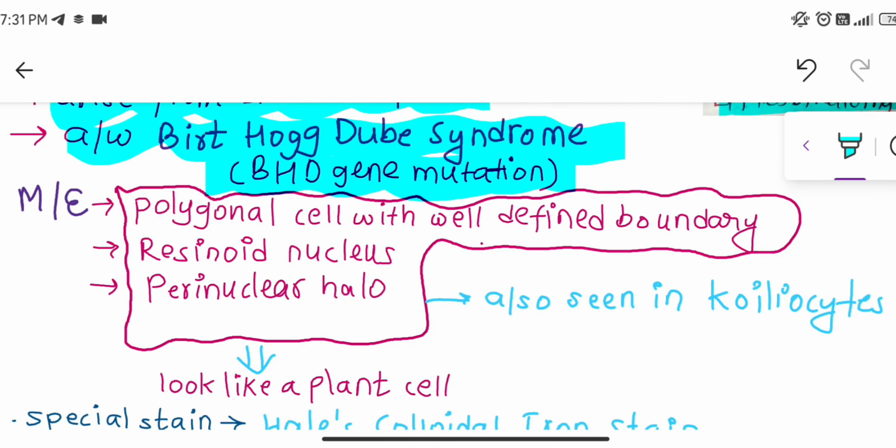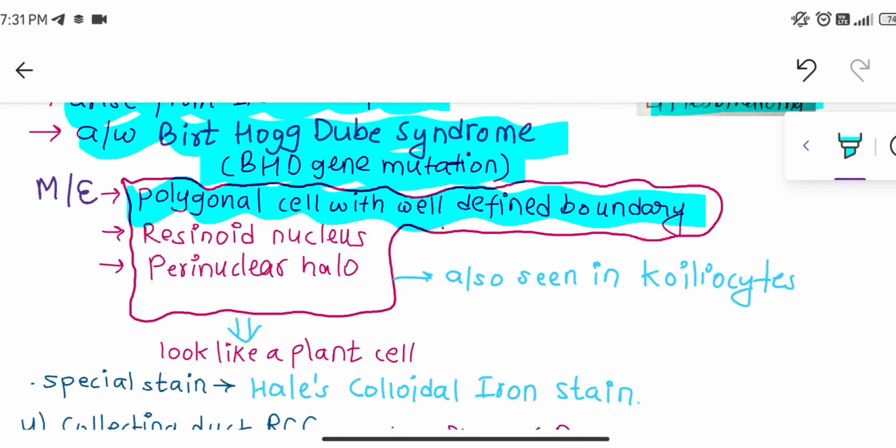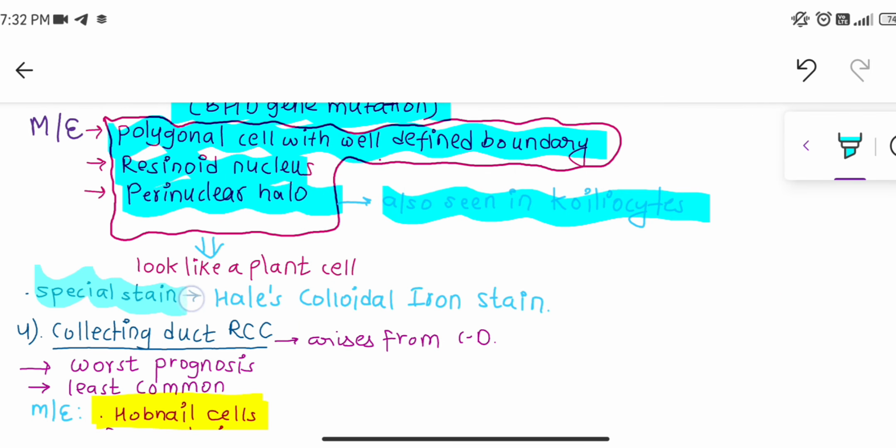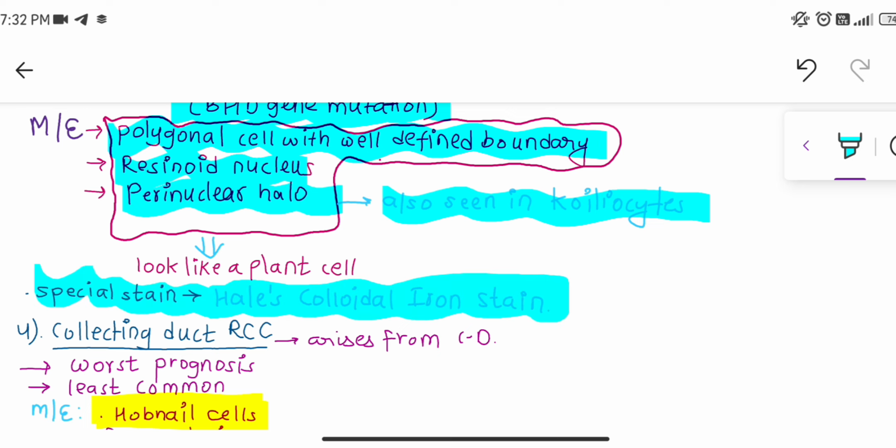First, there are polygonal cells with defined boundaries, raisinoid nuclei and perinuclear halo, that is also seen in koilocytes. The special stain for chromophobe renal cell carcinoma is Hale's colloidal iron stain, and this stain can stain the koilocytes. Koilocytes look like a plant.